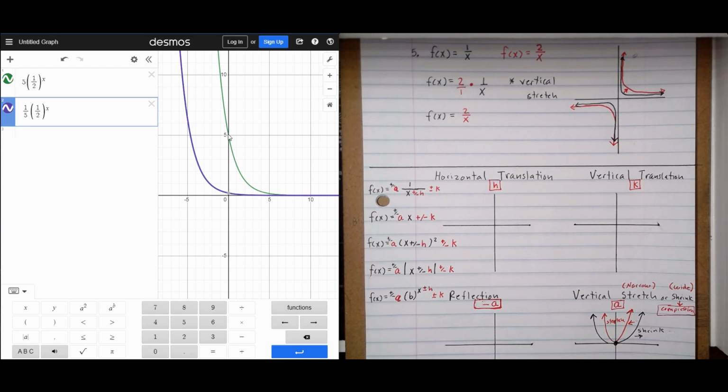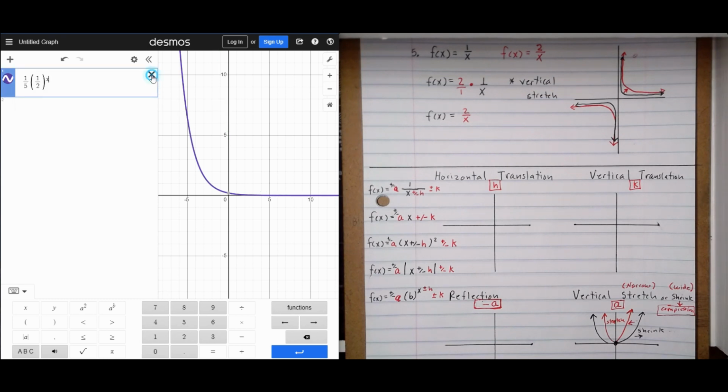Our y-intercept was 5. Now our y-intercept is simply 1 over 5, or 0.2 if we turn it into a decimal. So you can notice on this one, it came closer. The green one is much closer to the y-axis, and the purple one is much further away. So it's a compression or a shrink versus this one right here, which pulled closer to the y-axis, which is a vertical stretch. It became more narrow, in other words.